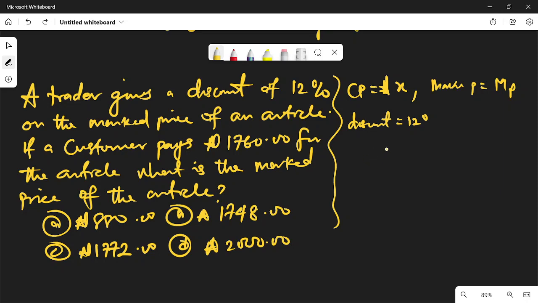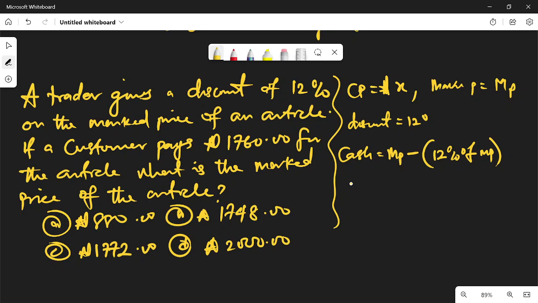So you are looking for the marked price. If you are going to give somebody a discount, the amount the person is going to pay is going to be the marked price minus 12% of the marked price. Am I making sense now?